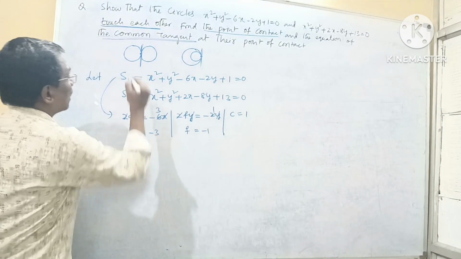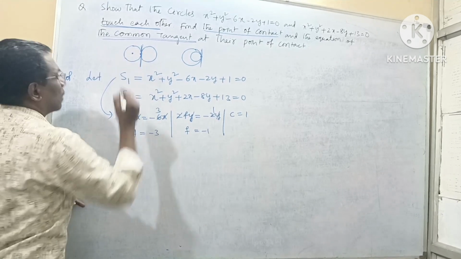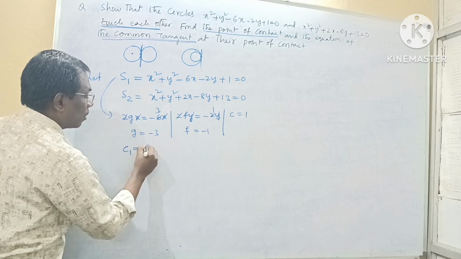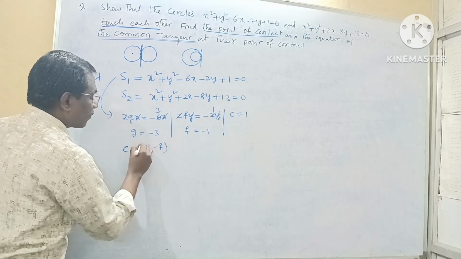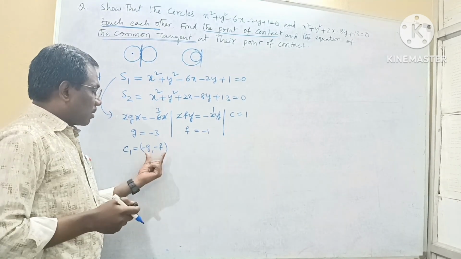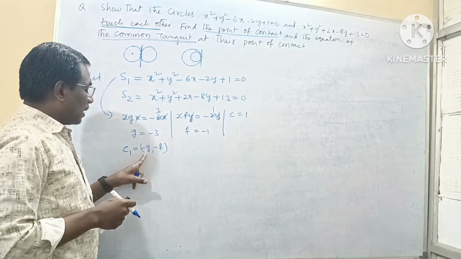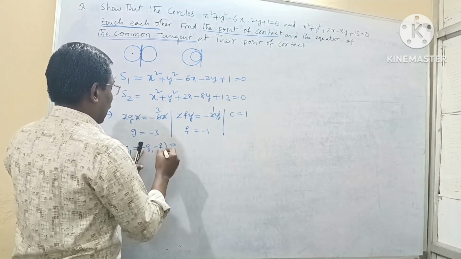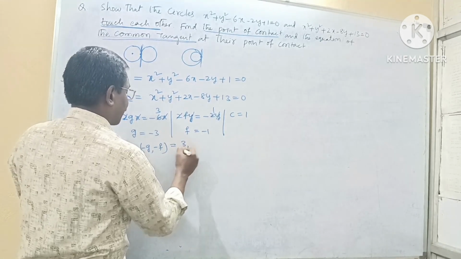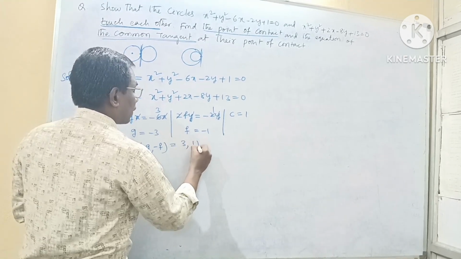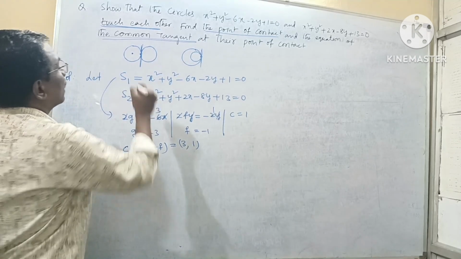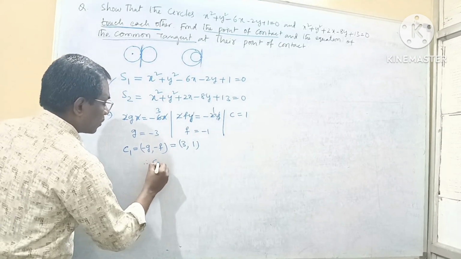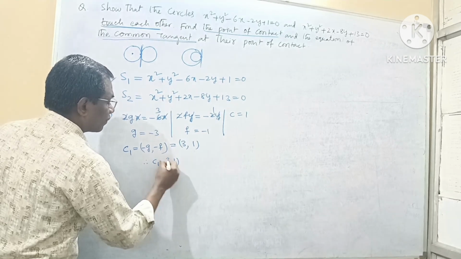Now the first circle's center C1 is minus g comma minus f. Minus into minus is plus 3, and minus into minus is plus 1. Therefore C1 is equal to 3 comma 1.